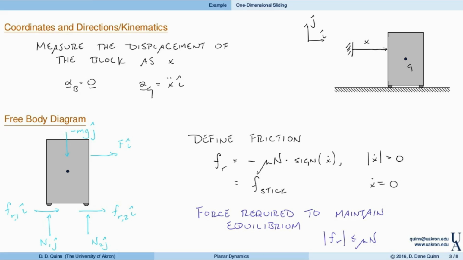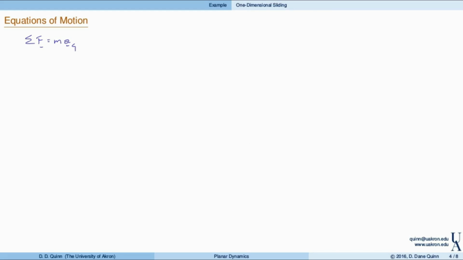So we have linear and angular momentum balance. Linear momentum balance, in particular, sum of the forces, is mass times the acceleration of the mass center. And for this system, again, looking back, we'll just take all of these forces and sum them up. But we have to make sure that we include the directions, because directions are important.